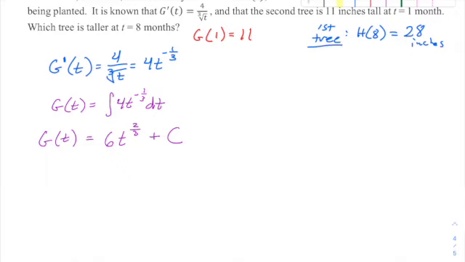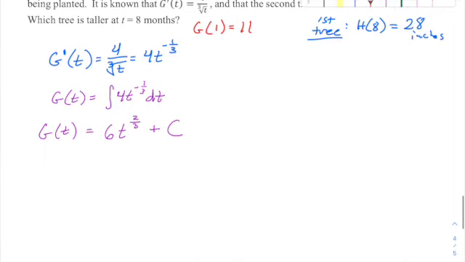And now, how are we going to find that c? Because we need to know it if I want to know what the value at 8 months is. I can't have that extra constant hanging there, but that's where I'm going to use this point. So this is essentially a differential equation kind of problem where you're finding the particular solution. Using that point they've given you, I'm going to plug in 11 for y and 1 for t.